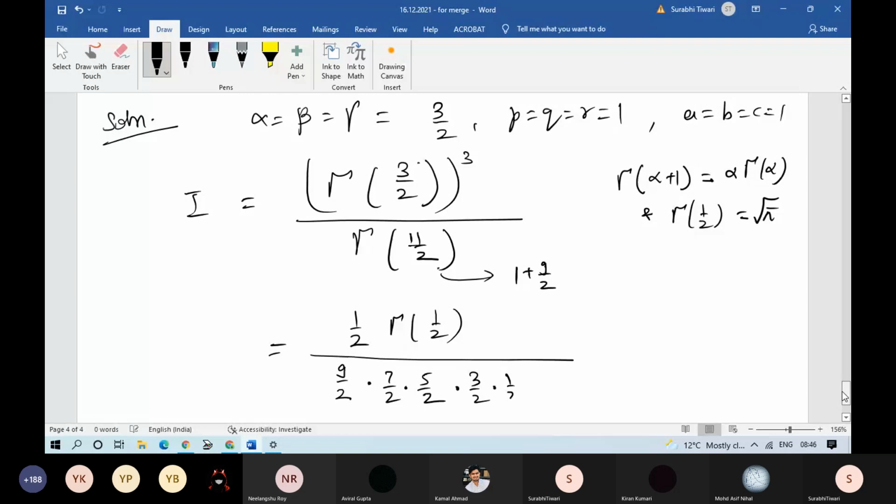So gamma half cancels, but this is a whole cube, so it will not fully cancel. One gamma half cancels, and you get the answer as 4 pi upon 945.